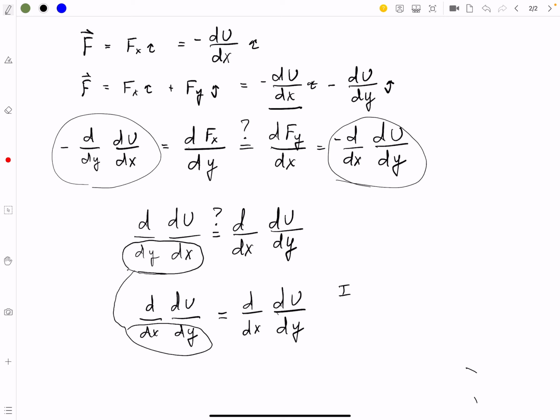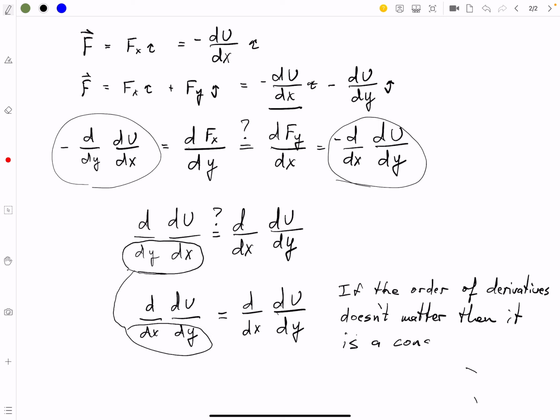So if the order of derivatives doesn't matter, then it is a conservative force.